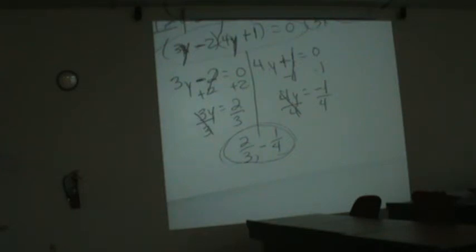Okay? Let's do another one where you have to move it over, one that you can factor though. That was the yucky one. You shouldn't have had to do that one. Let's do one, 2y squared plus 12y equals negative 10.